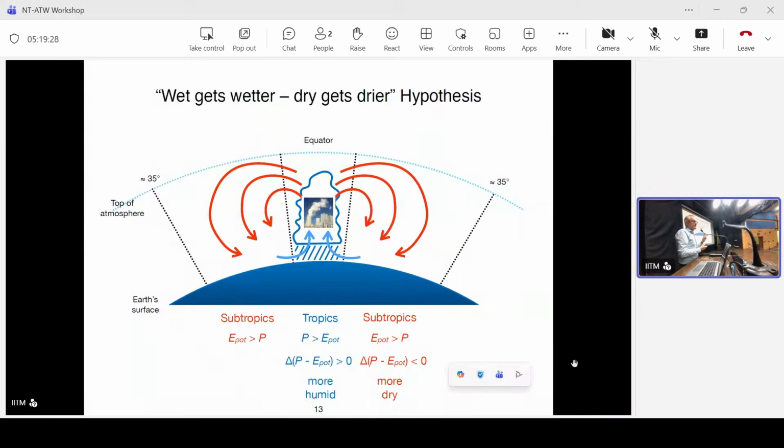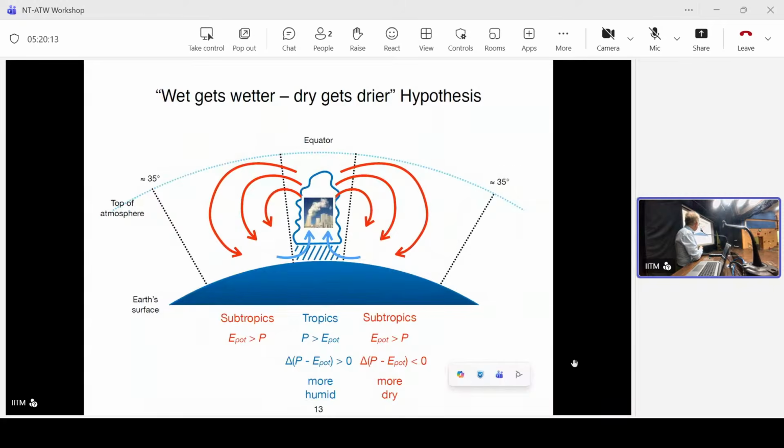But on Monday, Krishnan was saying that in the new model they used, they see an increase in the tropical circulation, and that observations also seem to indicate that. When you think of the tropical circulation as the result of a heat engine driven by condensational heating, it becomes almost straightforward: the humid regions become more humid, the circulation becomes more intense, and the subtropical regions become drier. So the wet gets wetter, the dry gets drier, right? That's consistent with the picture of Held and Soden.